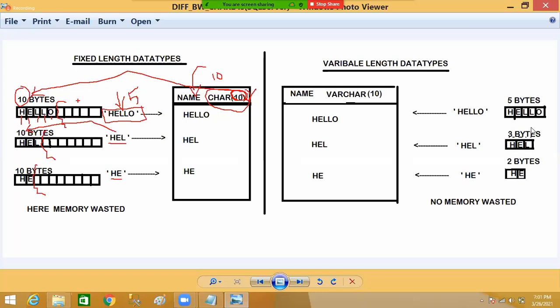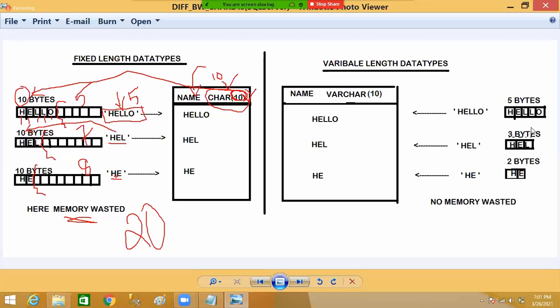So that means here 5 bytes of memory, here 7 bytes, here 8 bytes, so in total almost 20 bytes of memory are wasted when I'm using the character data type.